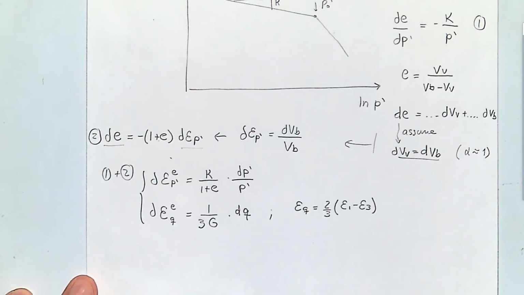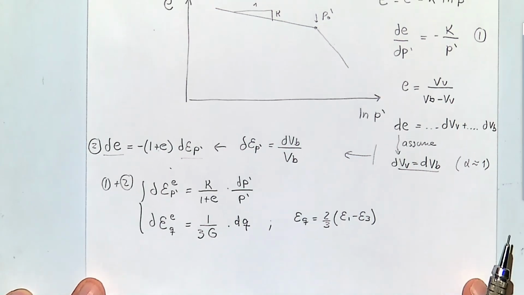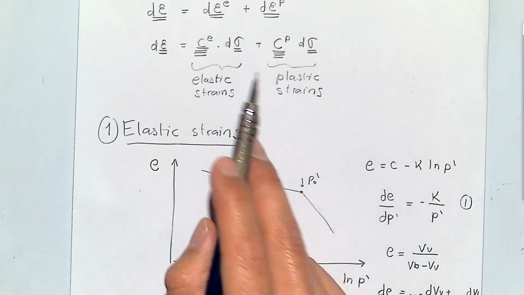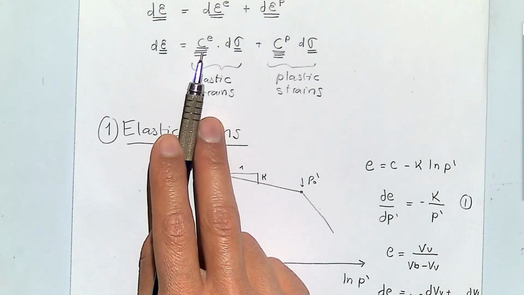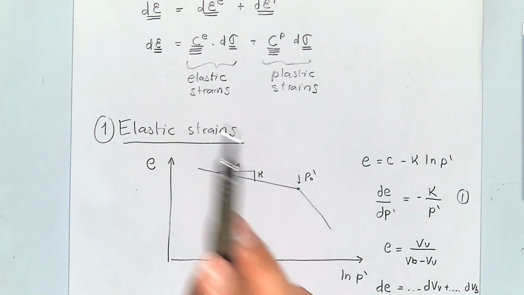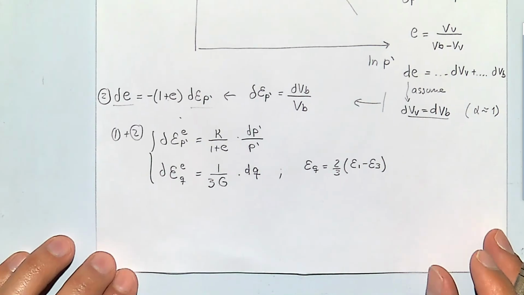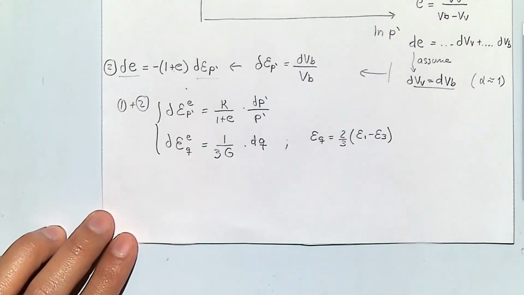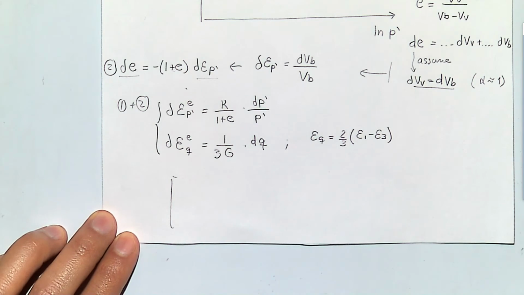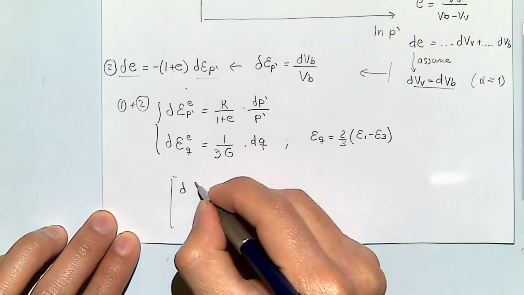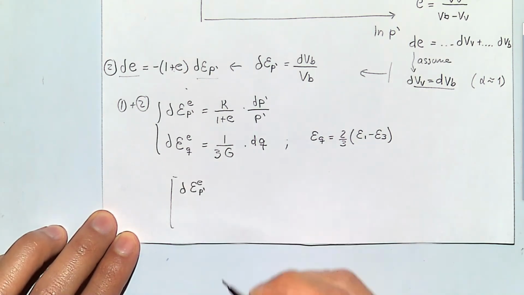Okay, so now the only thing left to do is to see what is this stiffness matrix. And this stiffness matrix, we're going to write everything. The strain is this.